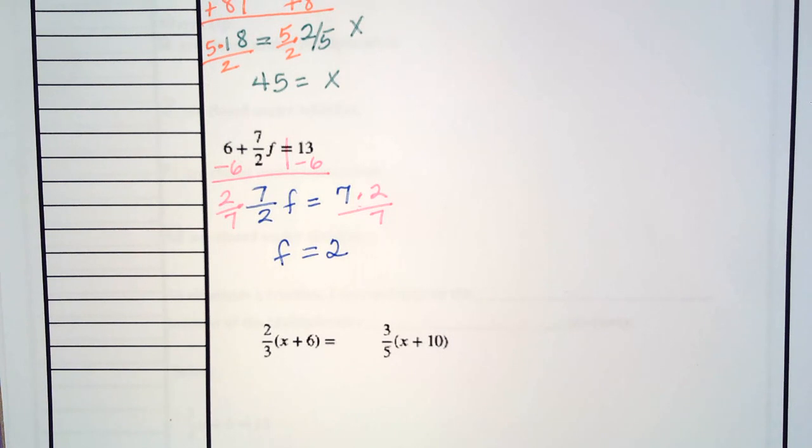Okay, so if you've only got the variable on one side, you're going to multiply by the reciprocal. But what if you have variables on both sides and the coefficients are fractional? What can I multiply both sides by to get rid of those fractions? What I am looking for is what we call the least common multiple.